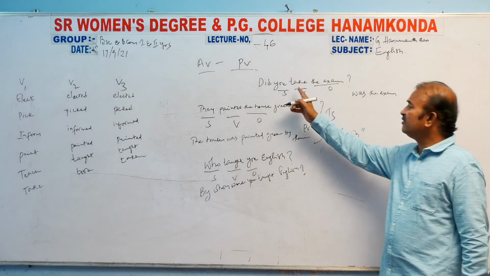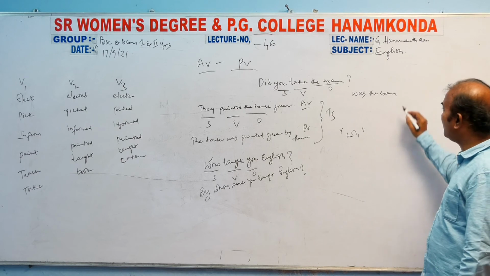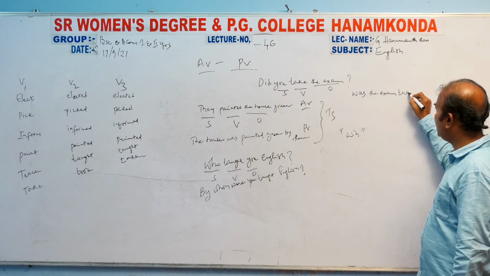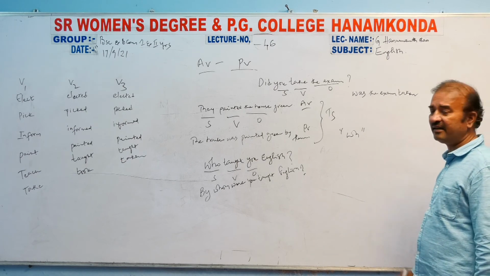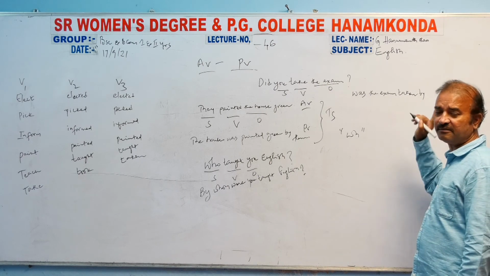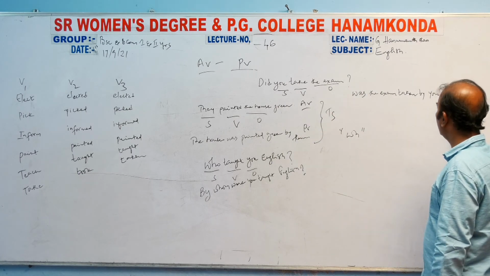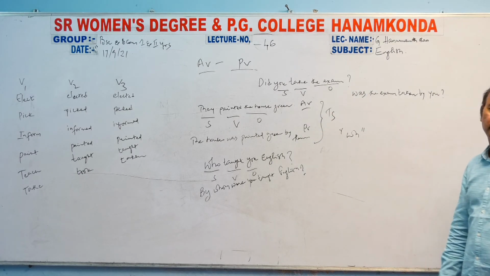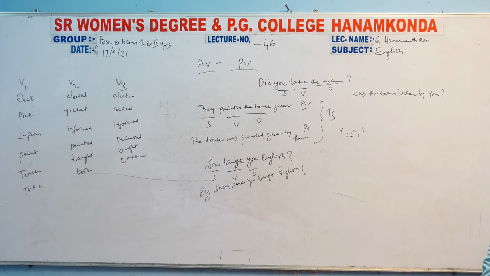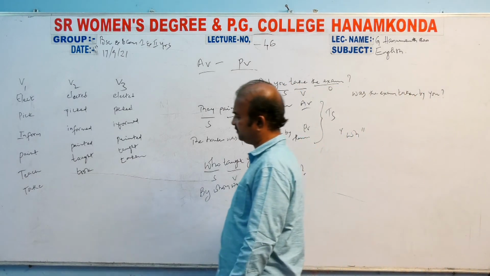What is the V3 form? Taken. Was the exam taken by, we have to use this preposition by, and what is the subject here? Y-O-U. You remains the same always because there is no other alternative to that. So was the exam taken by you?